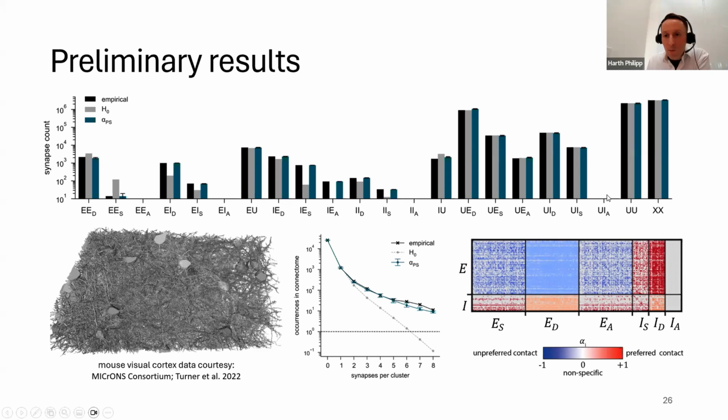So here we see all possible combinations in the model between which cell populations synapses are formed. And what is shown in black is the empirically observed connectivity. Oh, by the way, these U cell groups are unlabeled neurons.